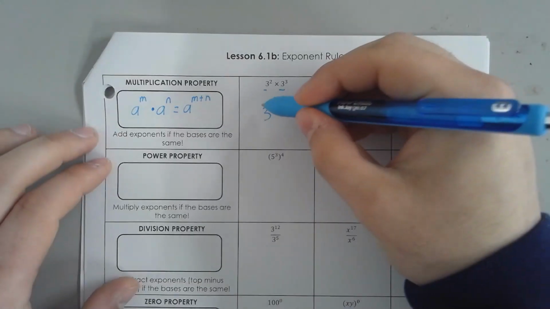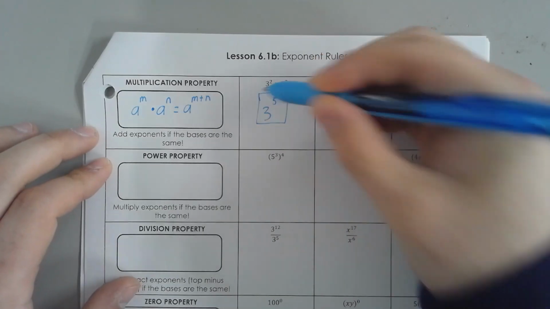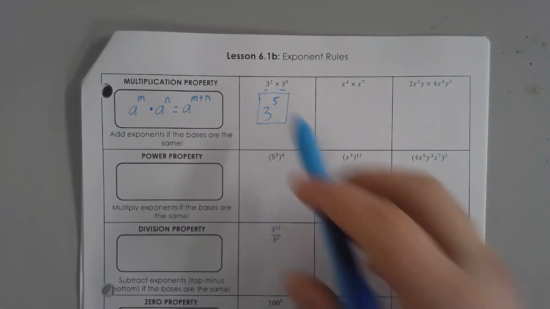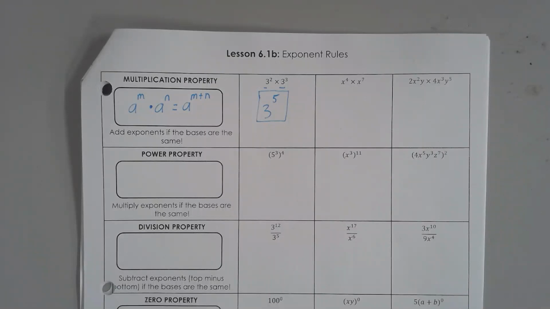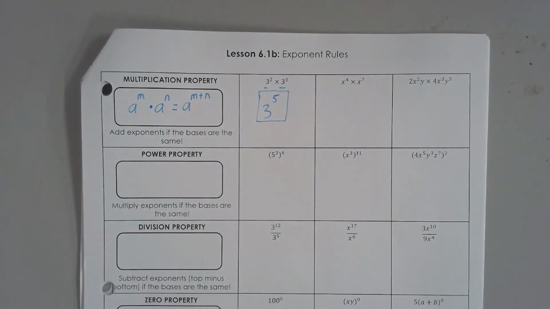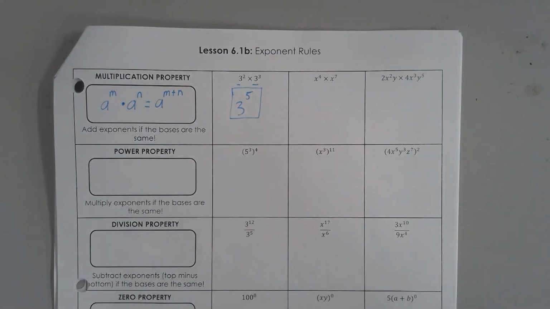So 3 to the 5th. That's all we do. How do you multiply the 3? Those are our bases. Just hold that thought for a second. I think it'll make more sense once we do the next two.